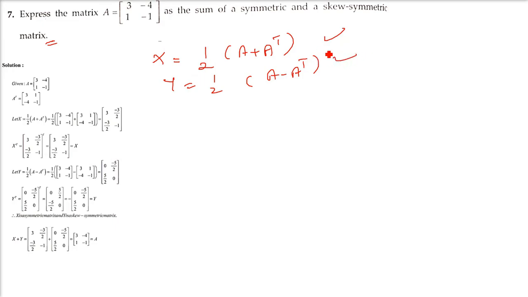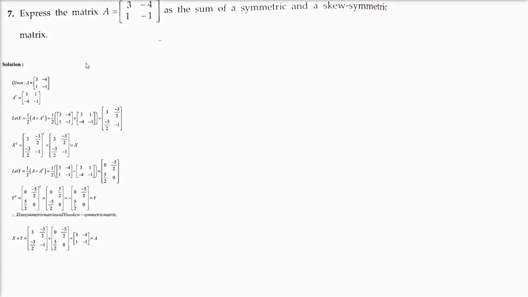This X will come as symmetric, the Y will come as skew symmetric. I hope you'll be able to do the A transpose, and then just show that when you find X and Y, the transposes should be symmetric and skew symmetric. When you add these two, A should come.